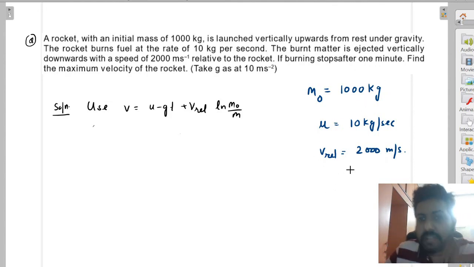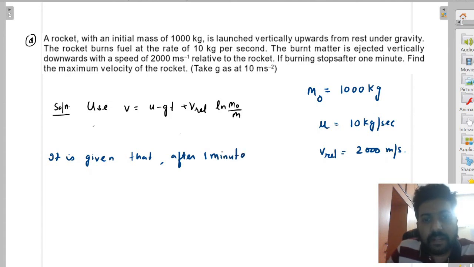So if the burning stops after 1 minute, that means after 1 minute the thrust force becomes 0 and then the velocity becomes maximum.